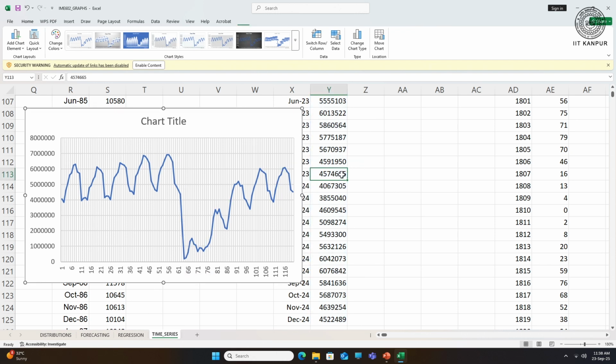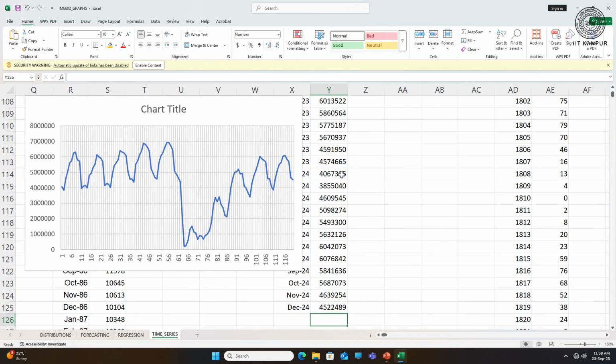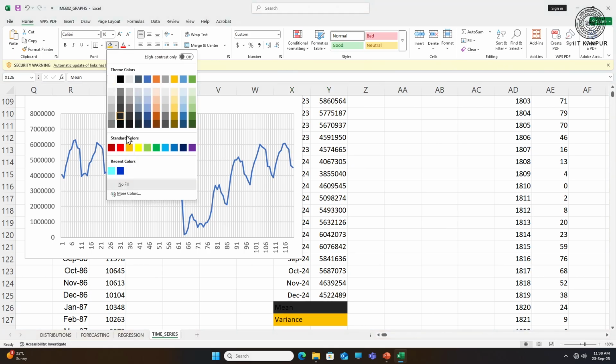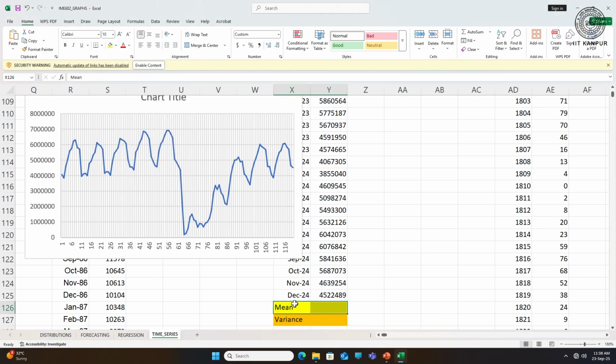So, if I come back to the mean and variance, this I will mark with yellow, this I will mark with orange, this I will mark with yellow. So, the mean values and the variance I am saving, I am not deleting them. So, I make it bold.